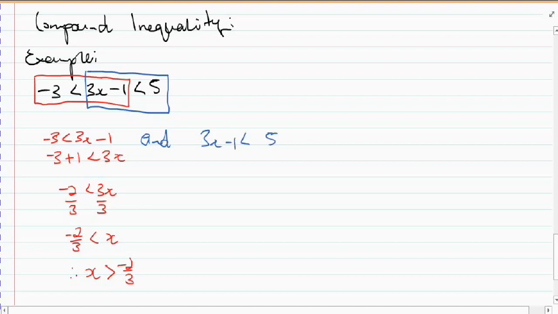Again, transposing -1, we end up with 3x is less than 5 plus 1, so 3x is less than 6. Dividing both sides by 3, we end up with x is less than 2.